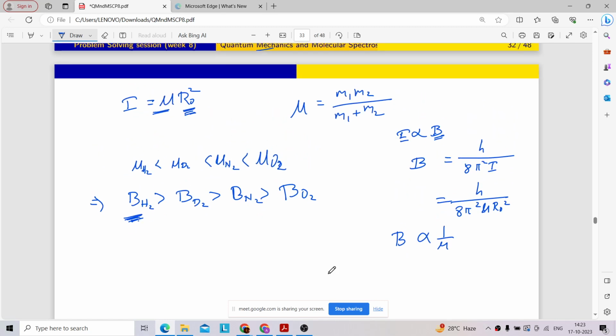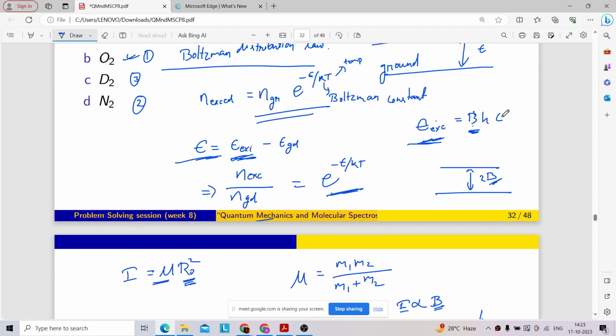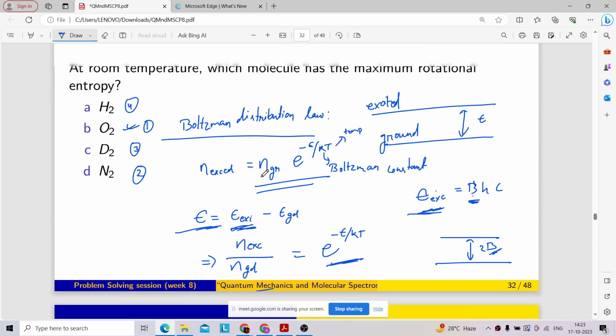So if B is higher, then E will be higher, that means this energy separation will be higher, so entropy will be less. So entropy will be smallest for hydrogen, then it will come to deuterium, then nitrogen, and then oxygen. So the highest entropy will be possessed by the oxygen molecule, right?